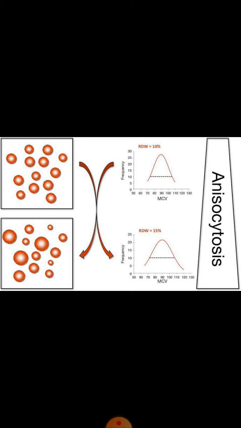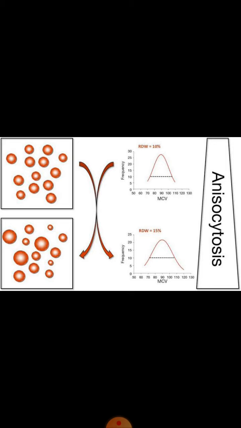Now if we do a blood transfusion in such a person, after the transfusion this person will have two types of red blood cells. Some of the RBCs will be normocytes and some of the RBCs will be microcytes.